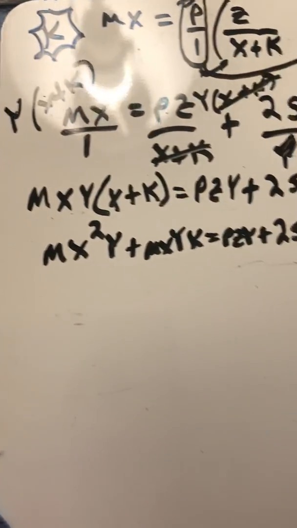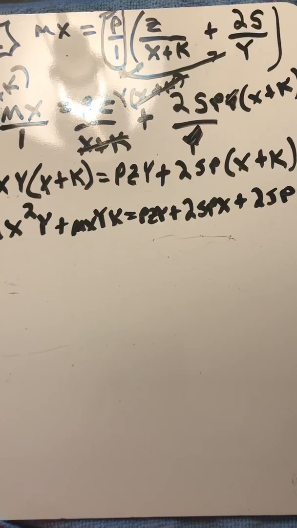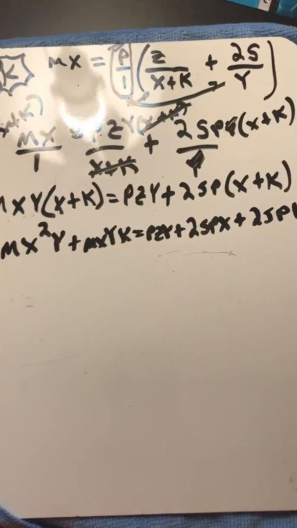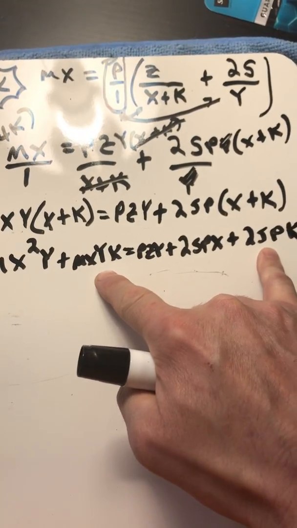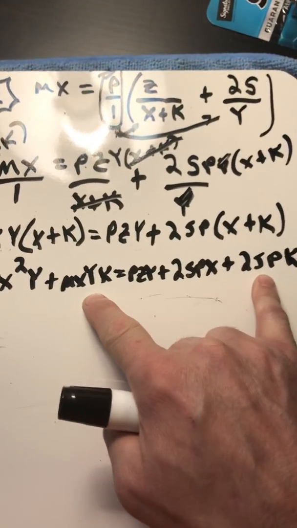So now there's your equation. All right. Anything with a k in it, any term that has a k in it, which would be these two on one side, everything else on the other.